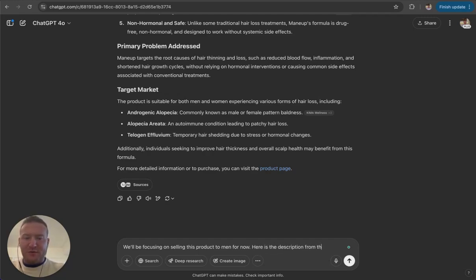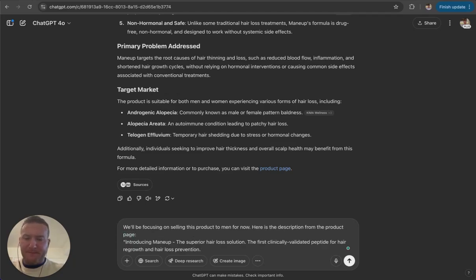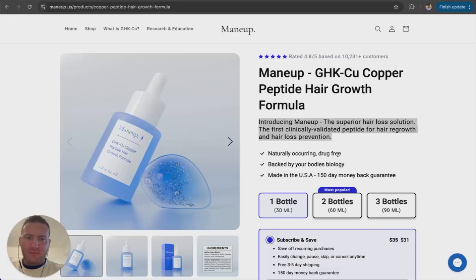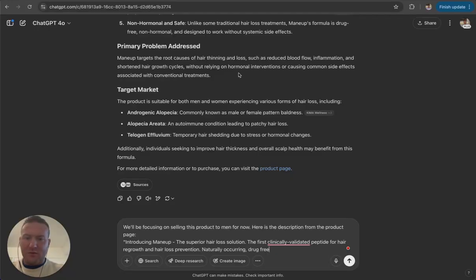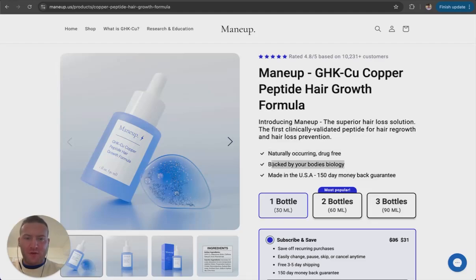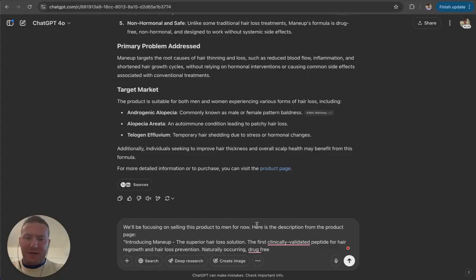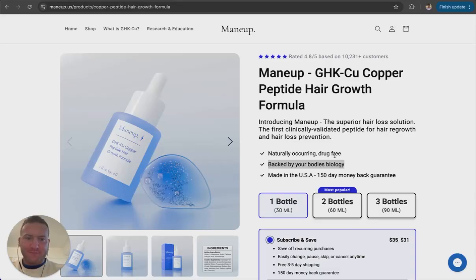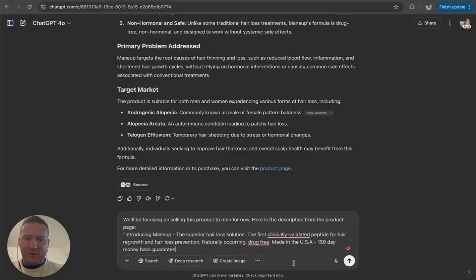Here's the description from the product page. Naturally occurring and drug-free, backed by your body's biology. I don't know what that means. There we go. Made in the USA.